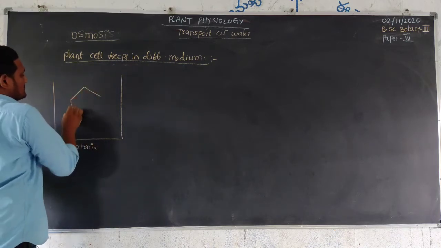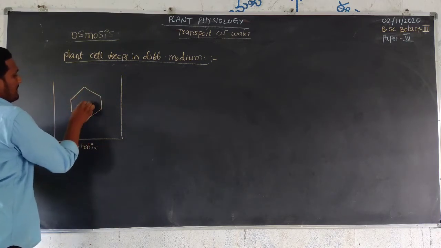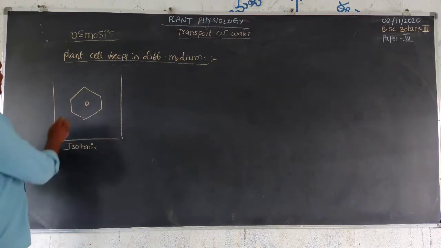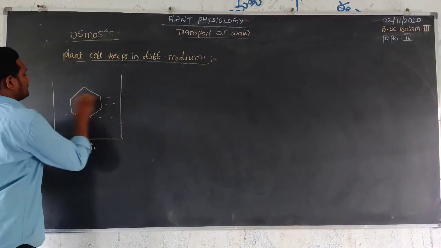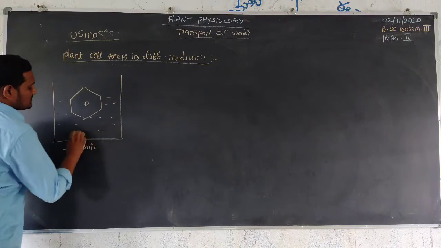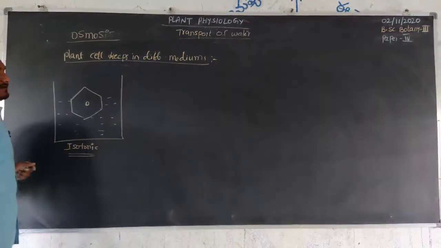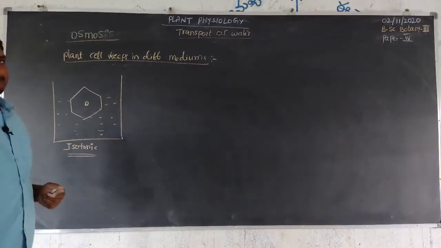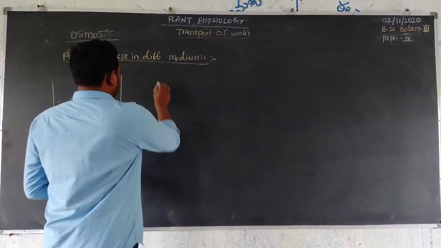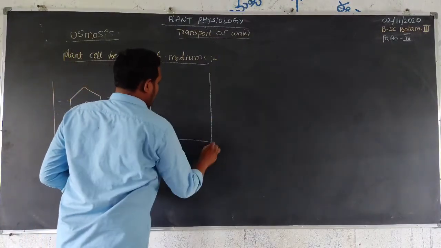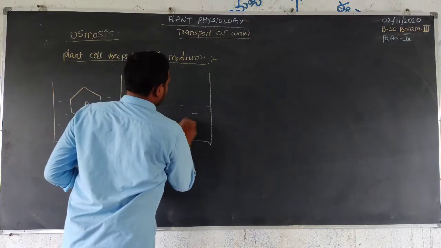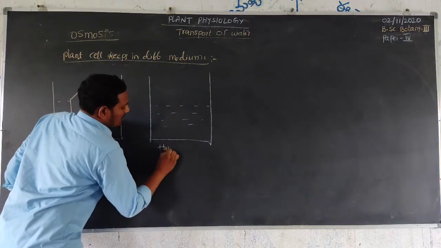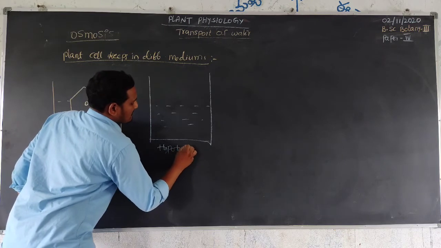So this is the plant cell and this is the isotonic solution. There is no significant change. Why? Because an equal amount of concentration is present in the cell and medium. Next, this is the hypotonic solution.